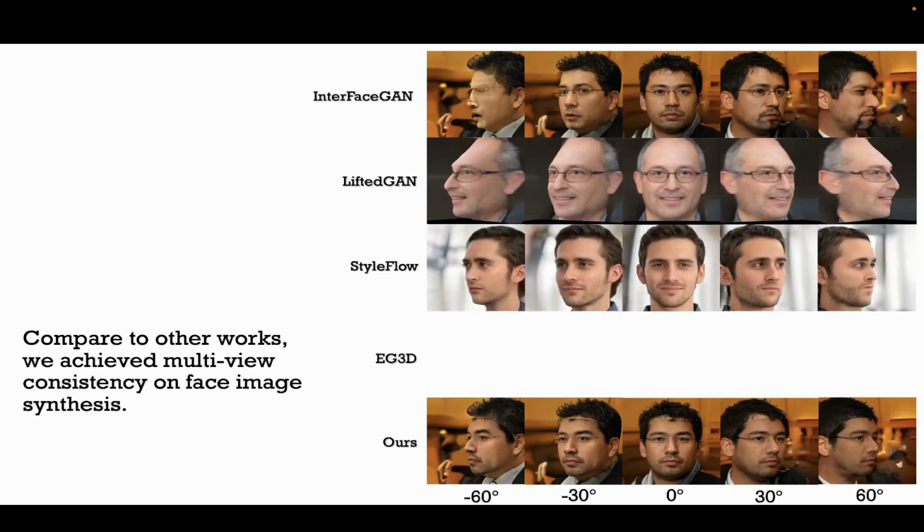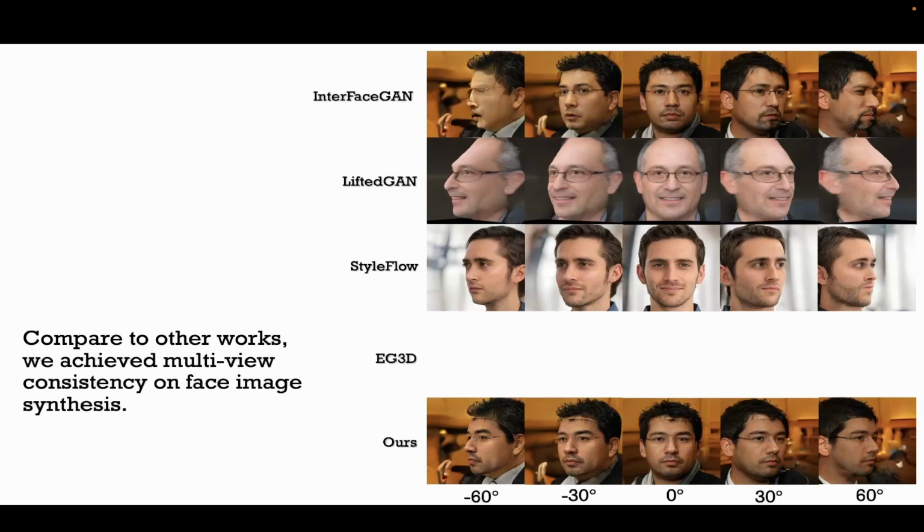StyleFlow achieves disentangled control over different style attributes, including gender, glasses, pose, lighting, and expression. Nevertheless, its results exhibit significant distortion at large yaw angles due to a limitation imposed by the latent space of StyleGAN.